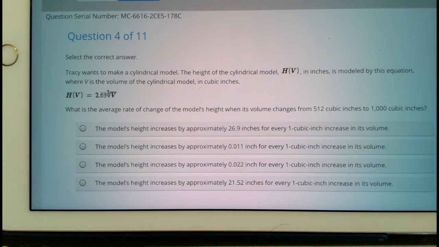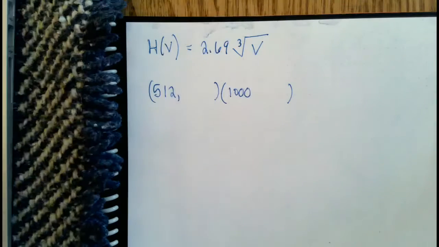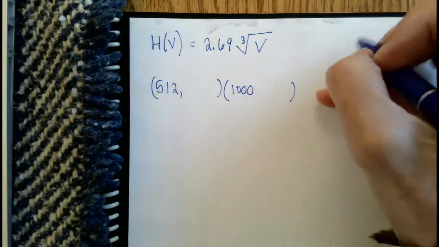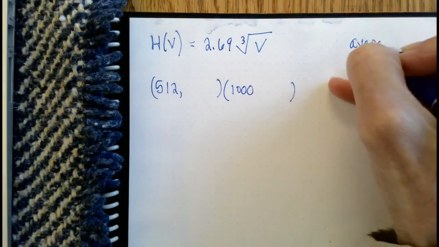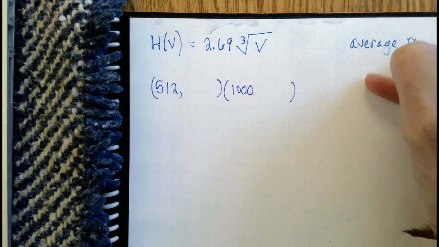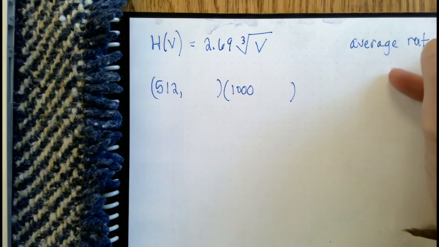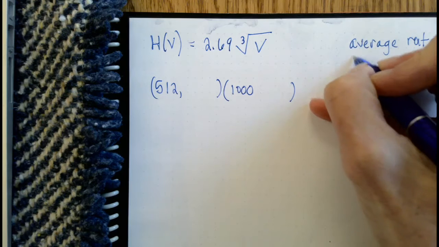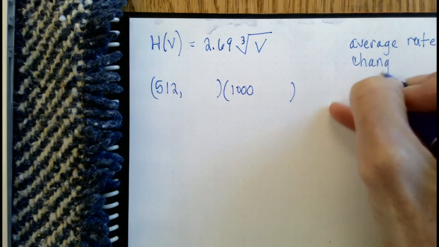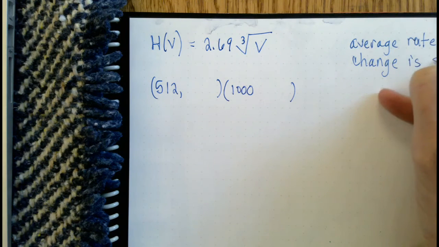Again, still going to use Desmos on this problem, but I do want to remind you that when we're working with the average rate of change, it is slope.